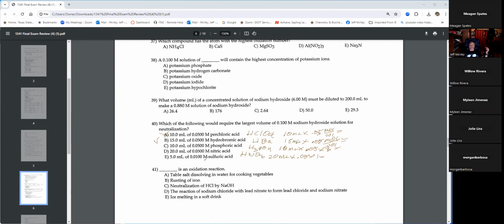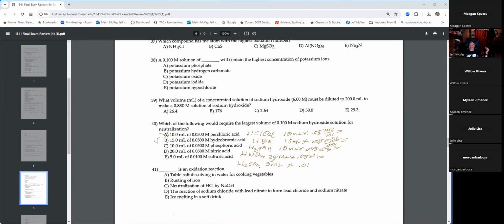And then I have sulfuric. That might present a problem because sulfuric is H2SO4. And I've got 5 mils of that times 0.01.